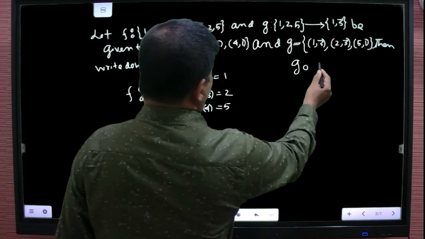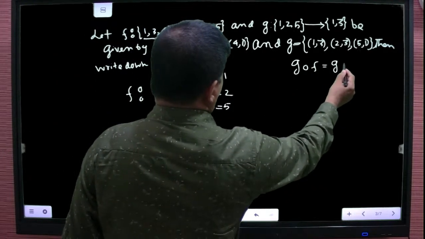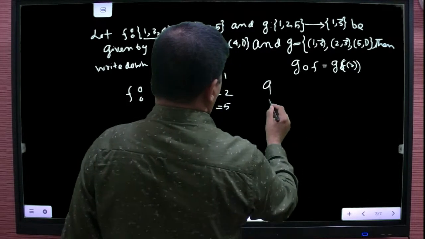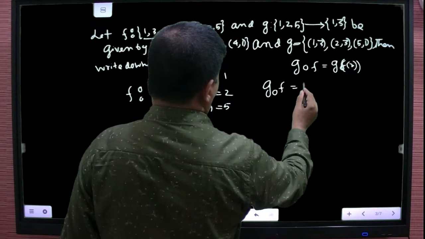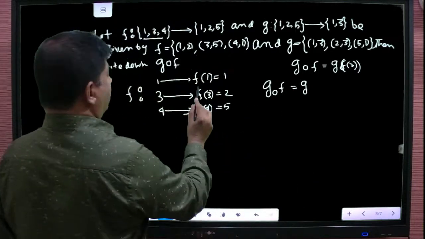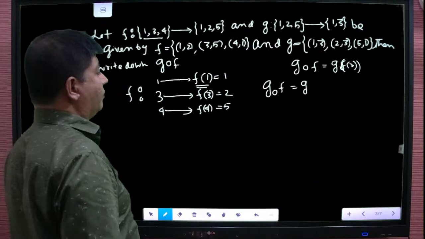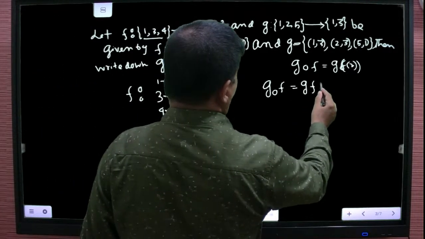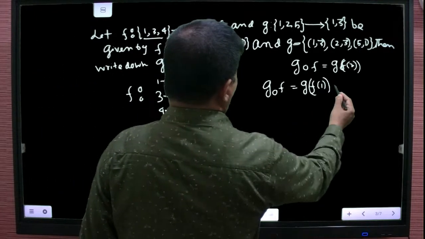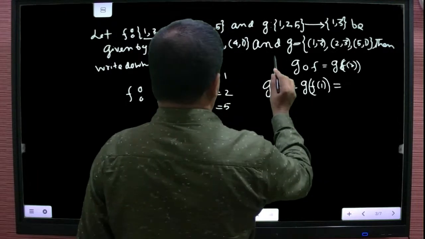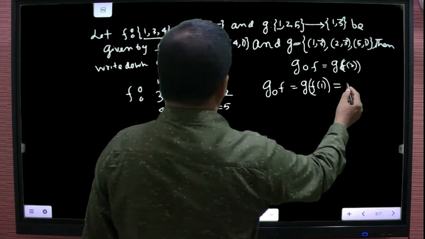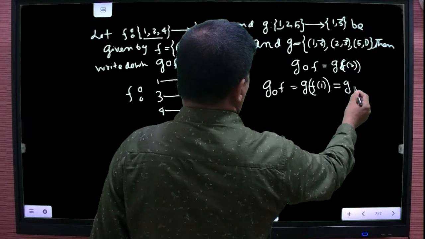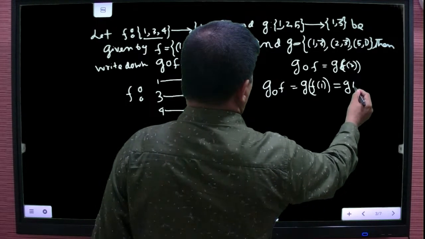GOF means g of f(x). So GOF is g of first element F1, g of F1. G of F1 means F1 is what? 1, that is g of 1.